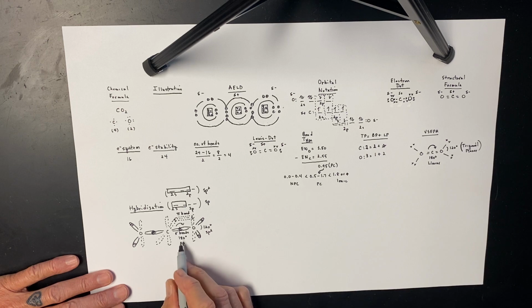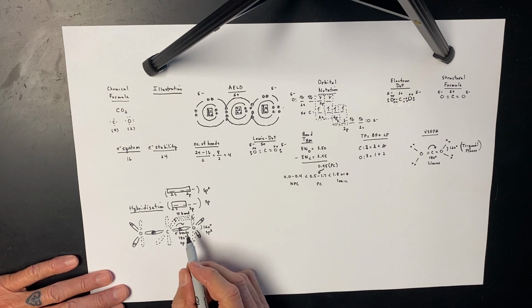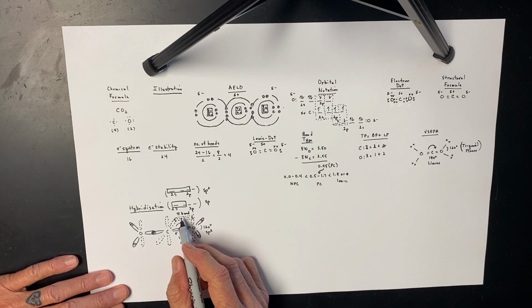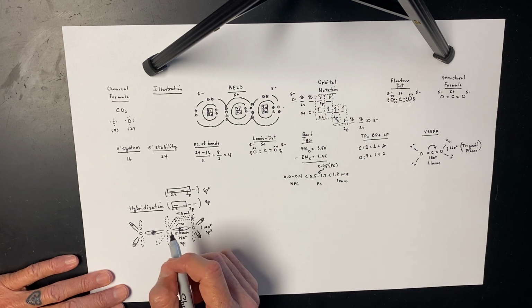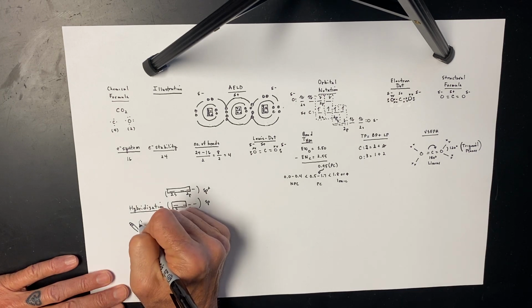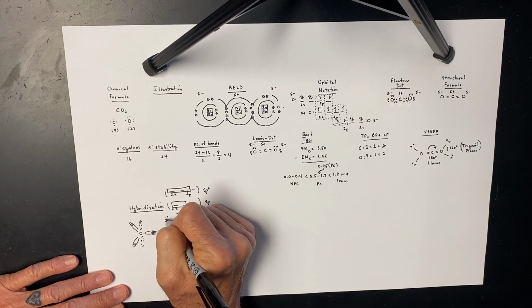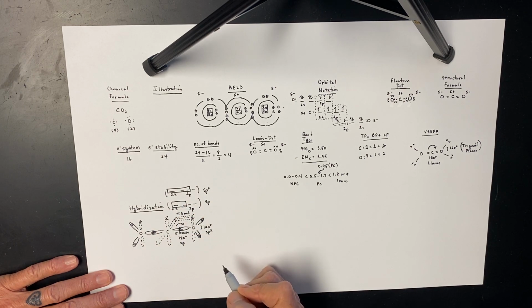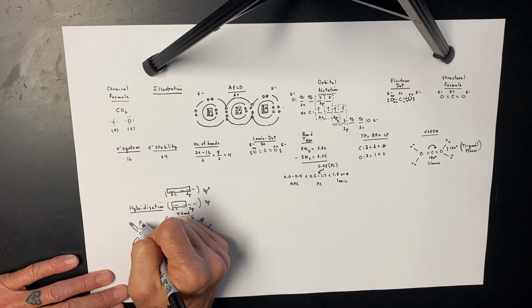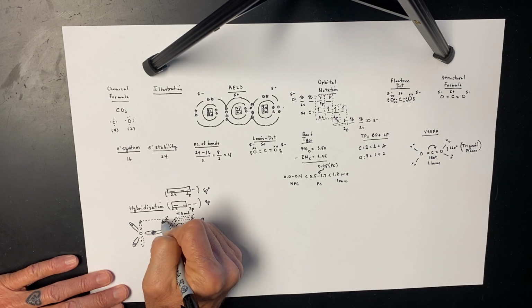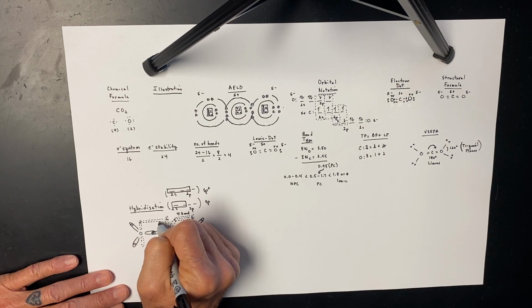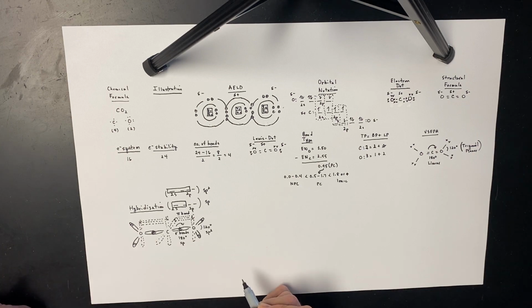Remember, single bonds are sigma bonds, and multiple bonds are pi bonds. So we can also place a valence electron here for oxygen and carbon's lone remaining valence electron there. You could really put it just about anywhere, but what we want to do is create another shared pair of electrons.